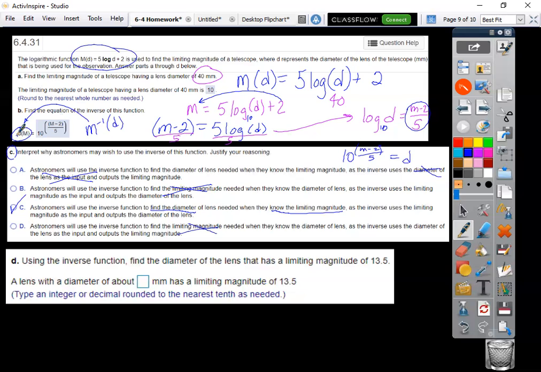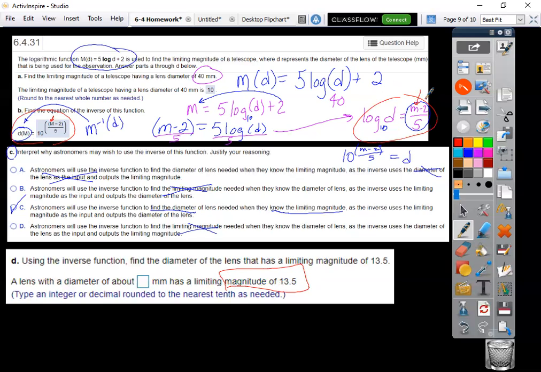All right, D. Use that inverse function now, specifically either where we found it there or where it is right here. When we know a magnitude of 13.5, we're going to put that right in for that M right there.